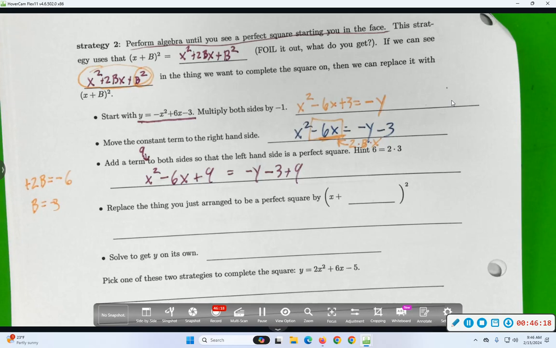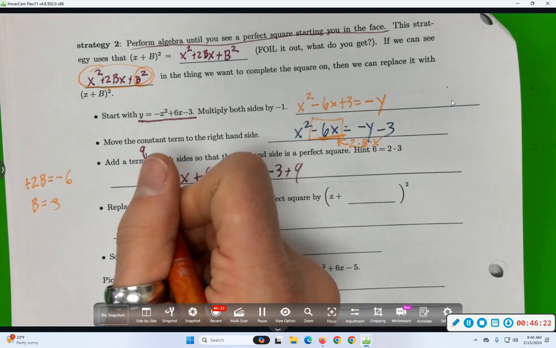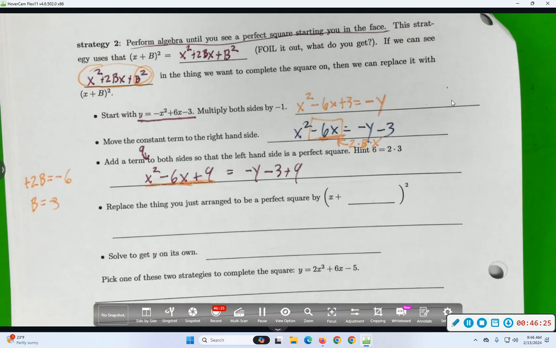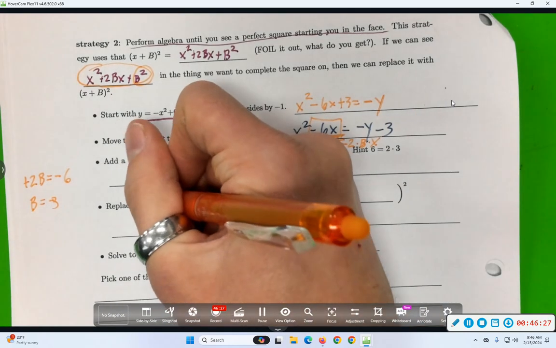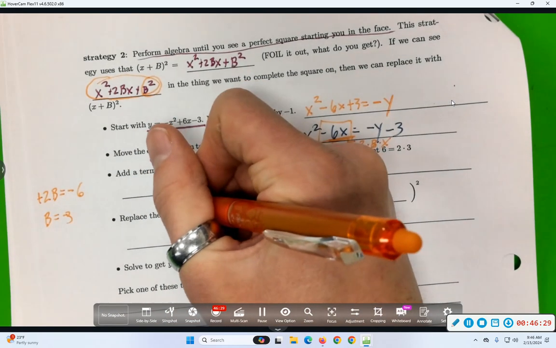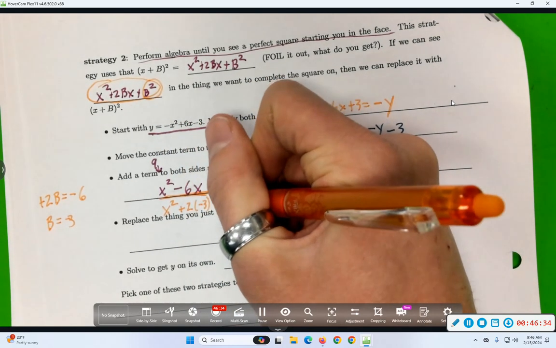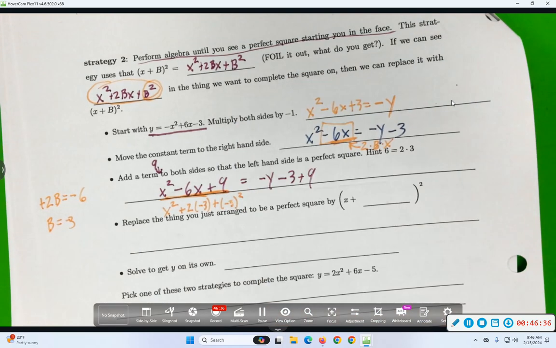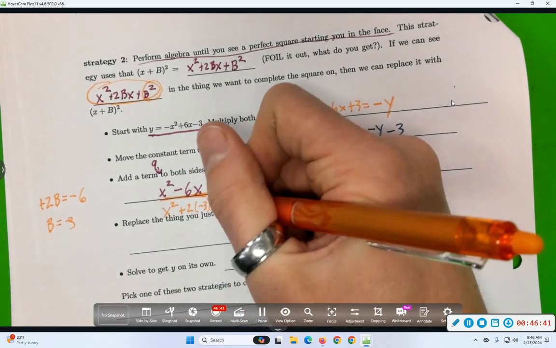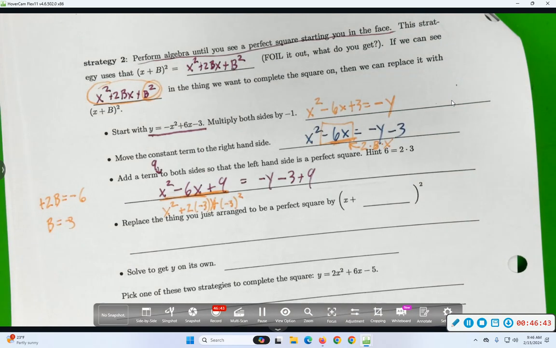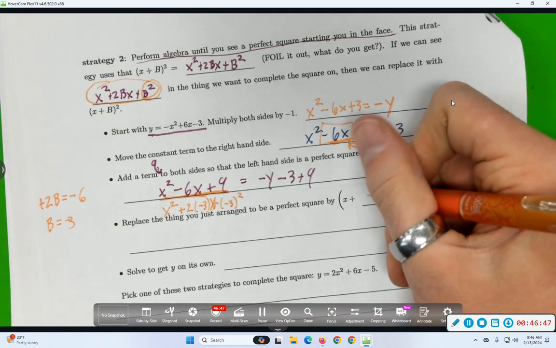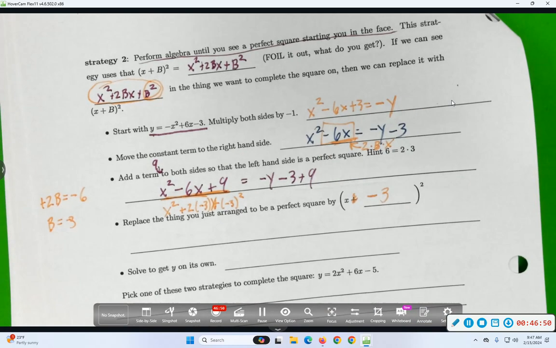Minus 3 plus 9 is plus 6, so make that substitution in a moment. And this thing is now a perfect square, because that is x squared plus 2 times negative 3 times x plus negative 3 squared. Oh, cool. That's a perfect square. I can replace it with a perfect square. It's x plus negative 3, so just x minus 3 squared.